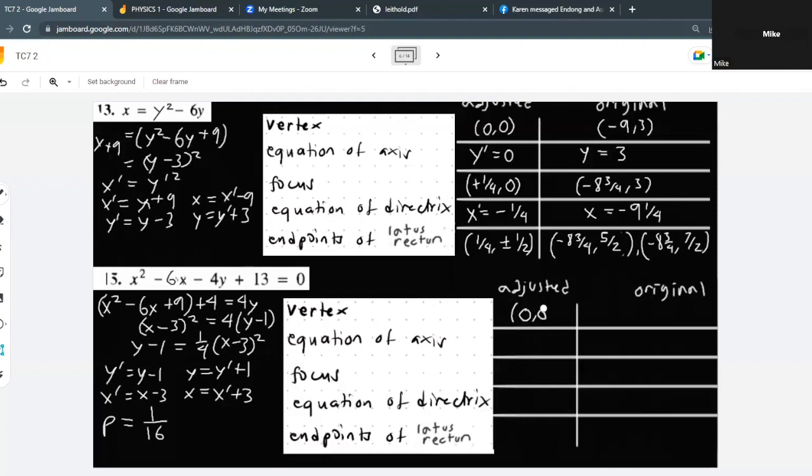X prime is equal to x minus 3. It's 1 x prime plus 3. Punuin mo muna yung nasa first column.